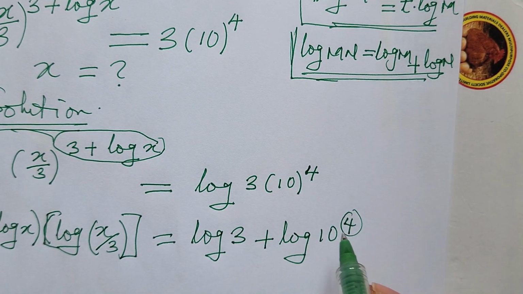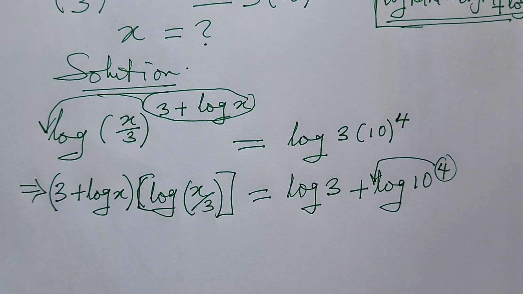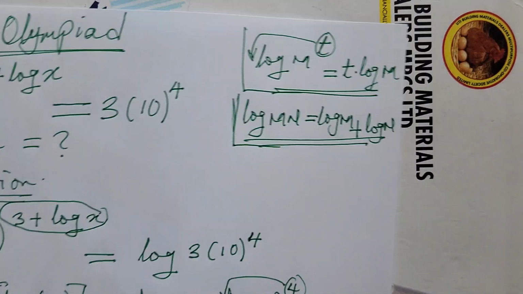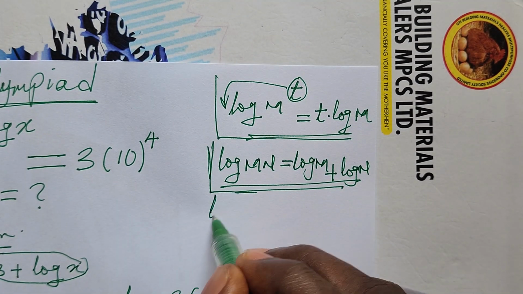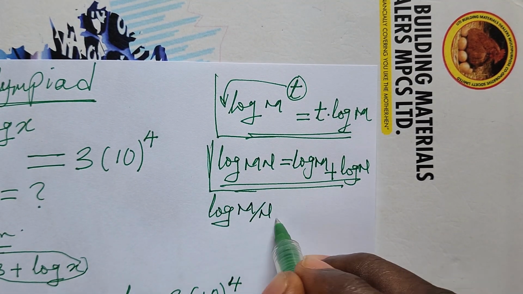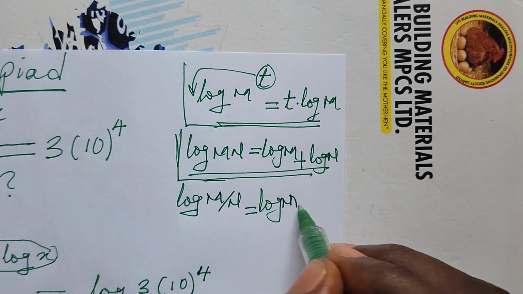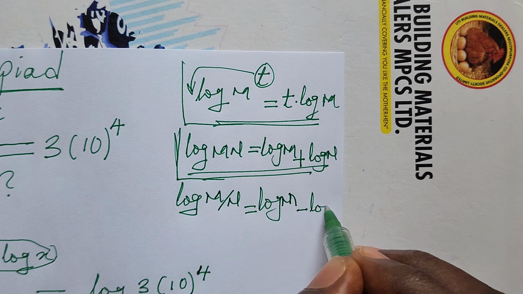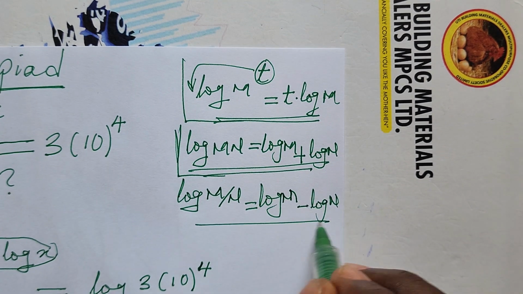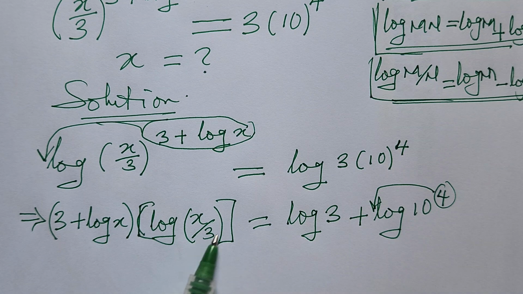Again, we're considering the power law here, so we can now move this to the side. Here we have a division law, and what does the division law say? It says that if you have log of m over n, this is equal to log m minus log n. Remember this law also? Yes, so we can apply it here.